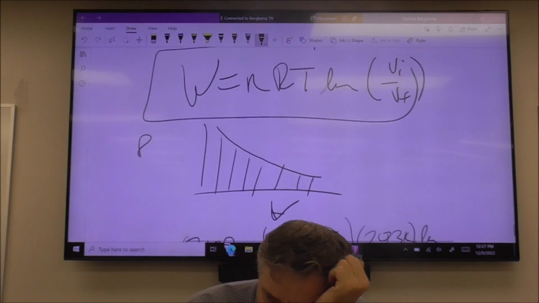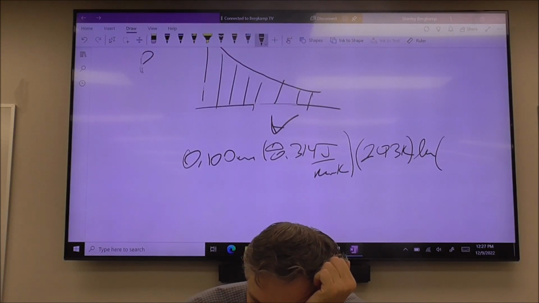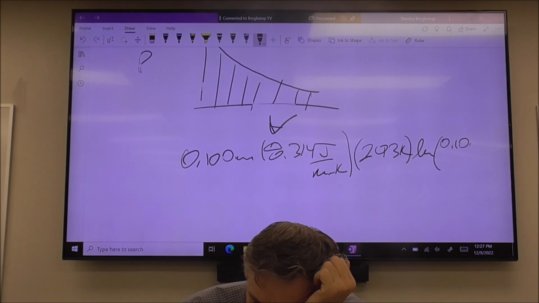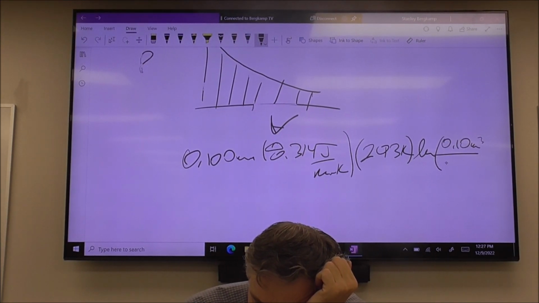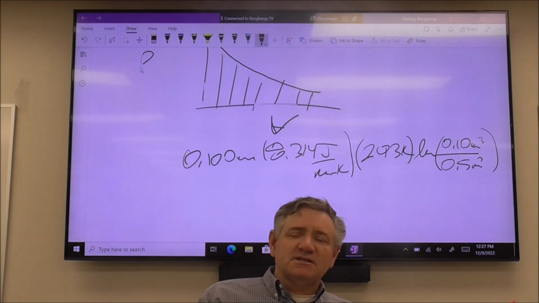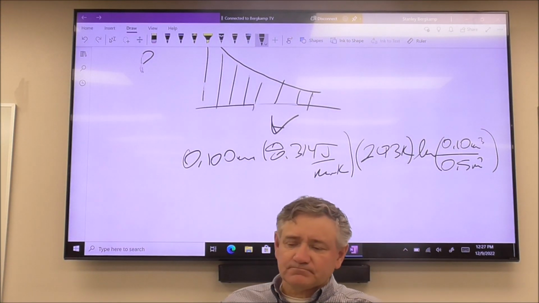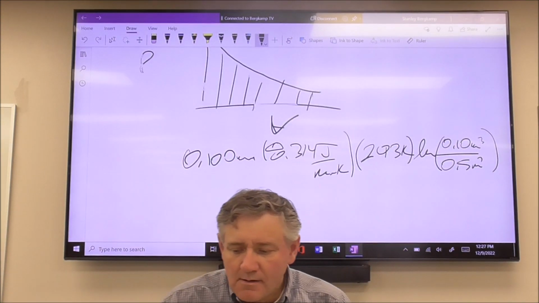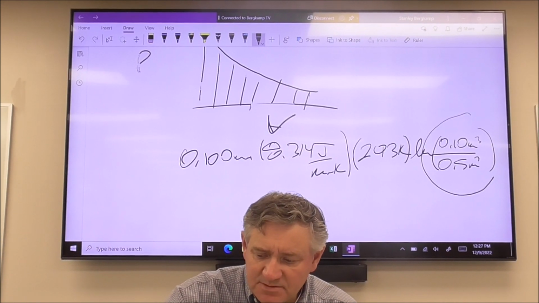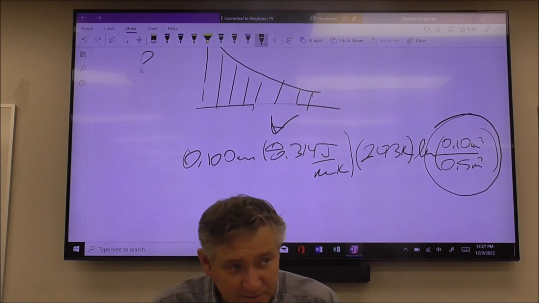And then the natural log of my initial volume, and my initial volume was 0.1 cubic meters, and my final volume is going to be 0.5 cubic meters. Now, before you touch the calculator, do not touch the calculator, step away from the calculator. Okay? We're going to be taking the natural log of basically 1/5. 1/5 is the same as 0.2.